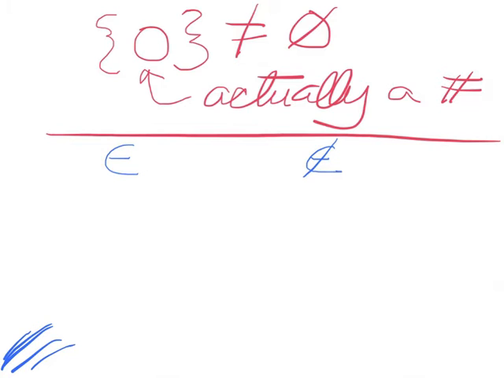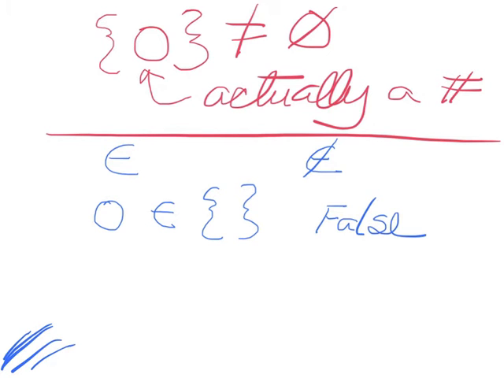So for instance, tell me if this is true or false. What if I say 0 is an element of the empty set? So what do you think? Yes, that is false. Why is it false? Well, because the empty set has no elements, and 0 is actually an element.